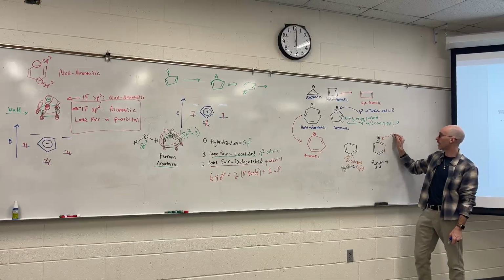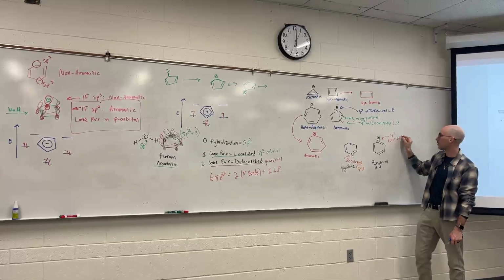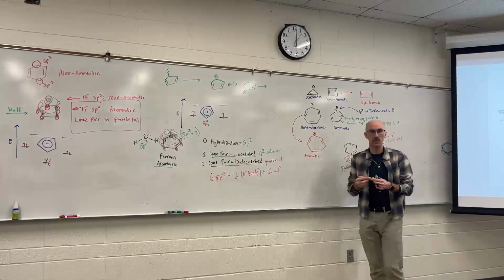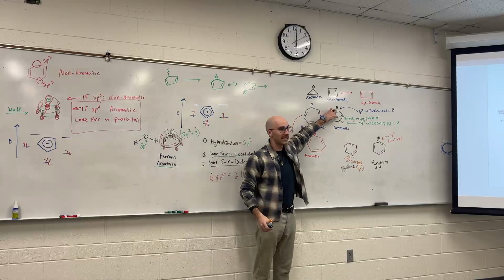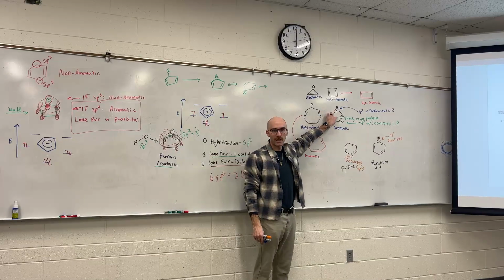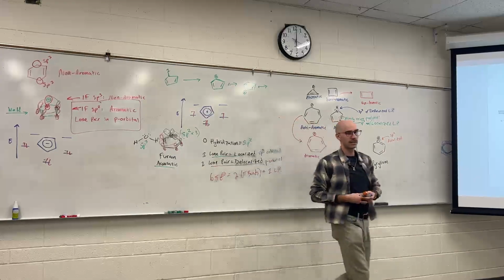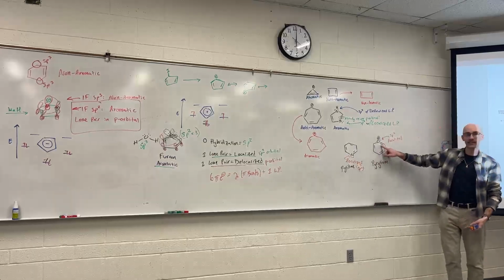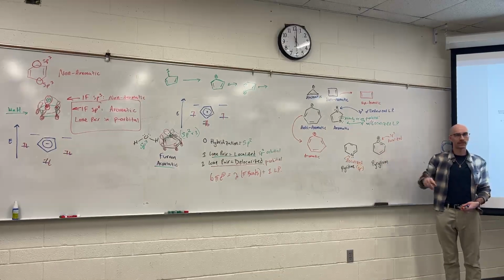This oxygen is also sp2, and its lone pair is in that sp2 orbital. Remember what we said about nitrogen earlier? It's already using its p orbital, meaning its lone pair cannot be delocalized. Already using its p orbital, its lone pair must be localized.